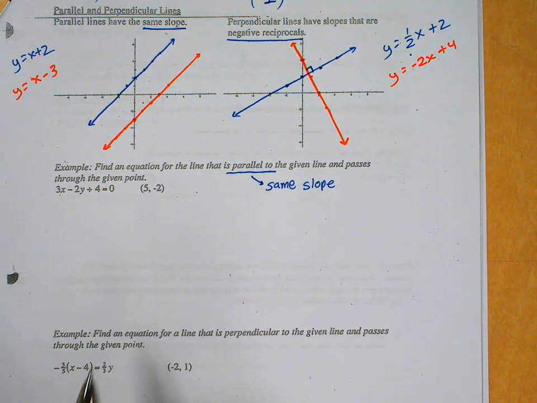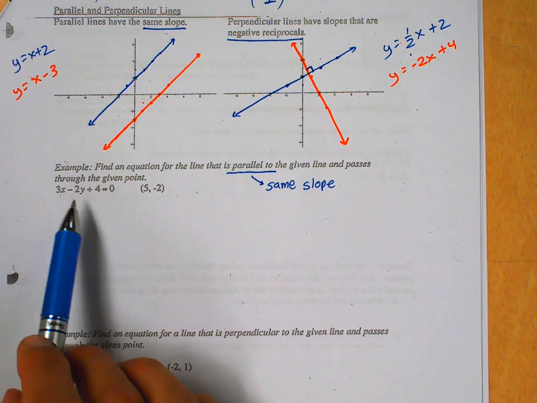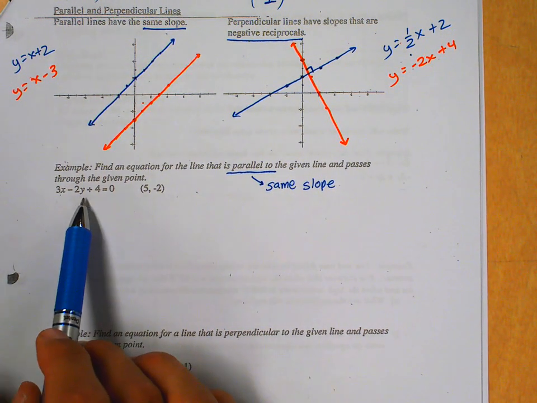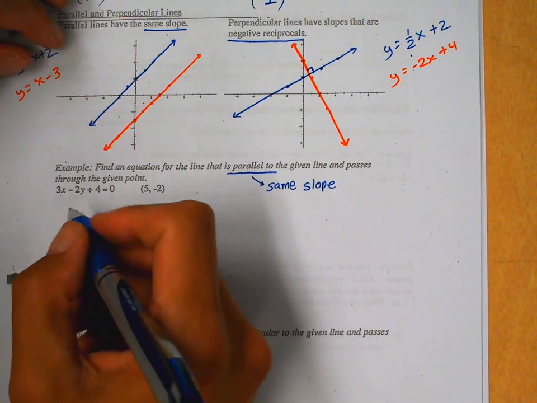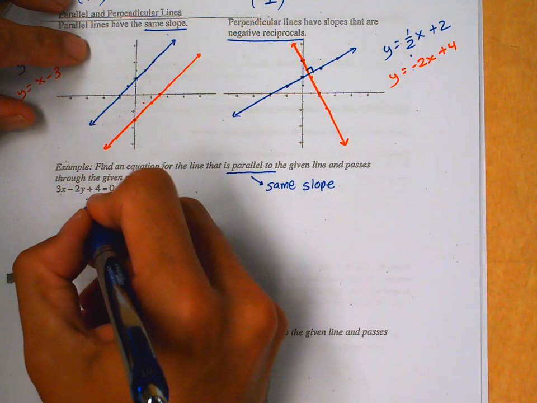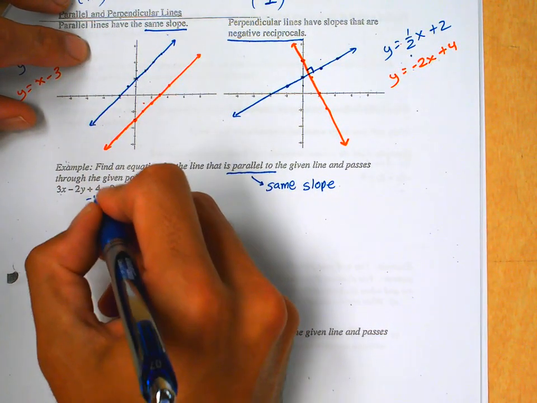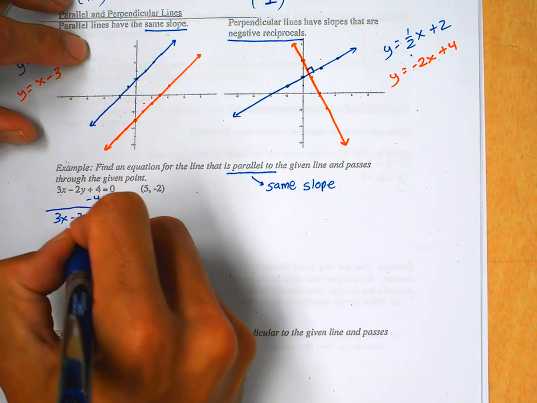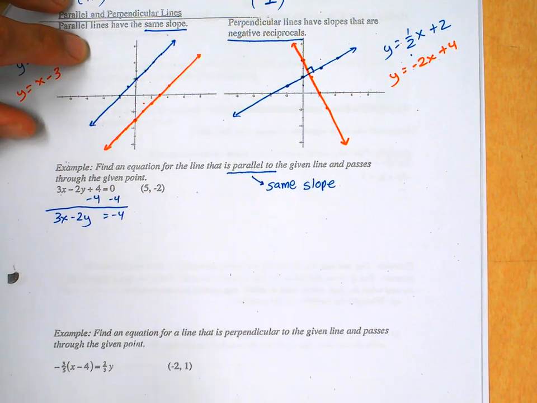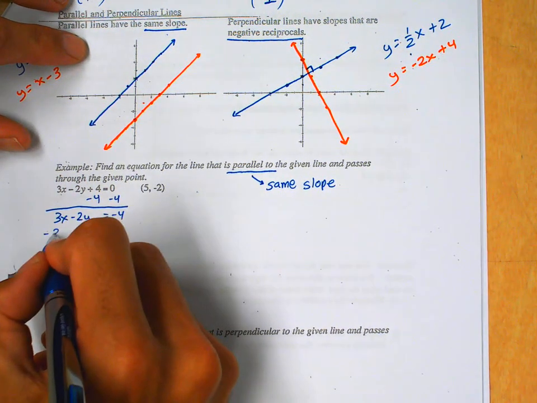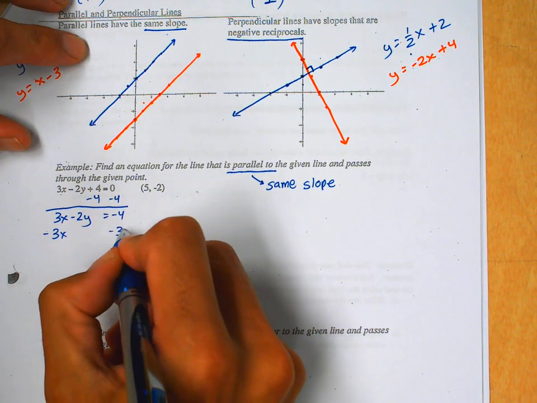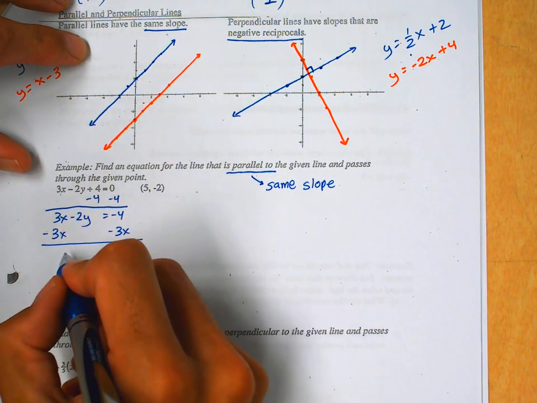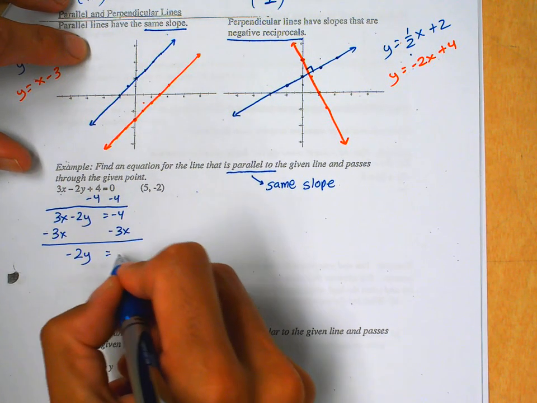An easy way to find the slope is to write the equation in slope-intercept form. So we're just going to solve for y. We can subtract 4, so we get 3x minus 2y equals negative 4. Same thing, subtract 3x. We're just moving all the terms over, getting y by itself.